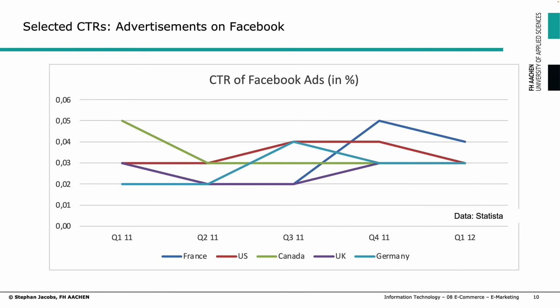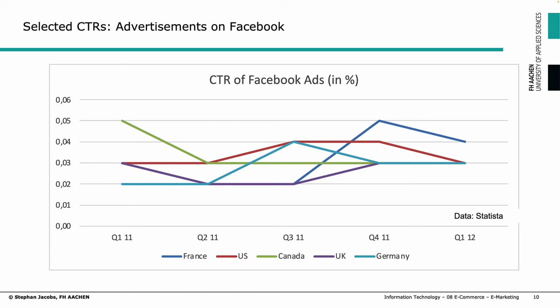Let's have a look at selected click-through rates and conversion rates. Actually, it's not that easy to get new figures. The figures I present I have all from Statista, and partially they're 10 years old. If you try to get new figures, you often get things which are not that reliable or which are quite special.